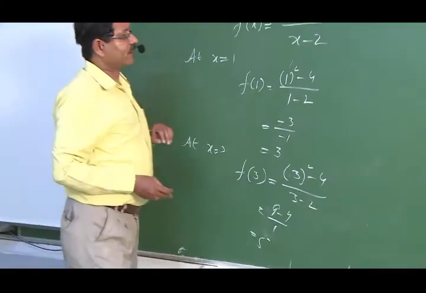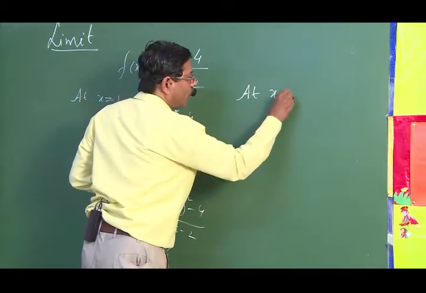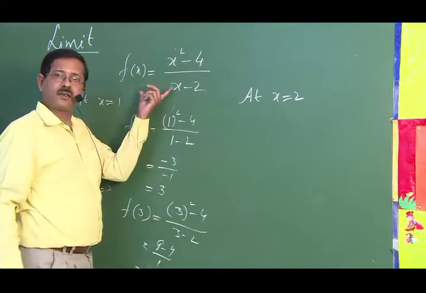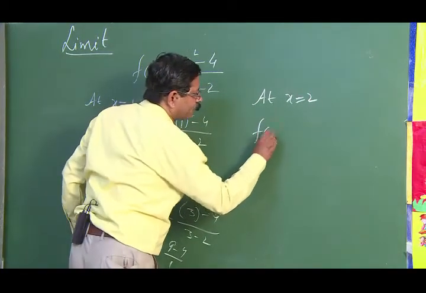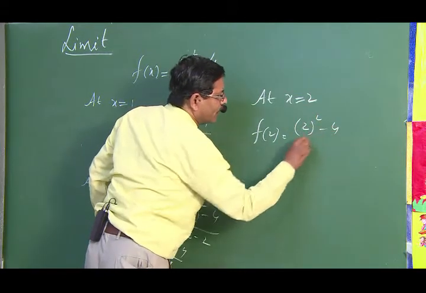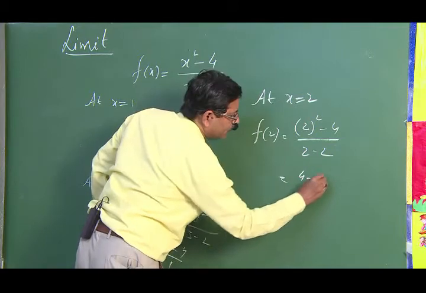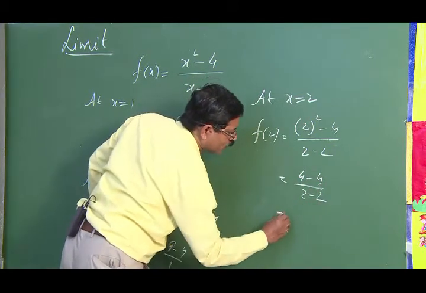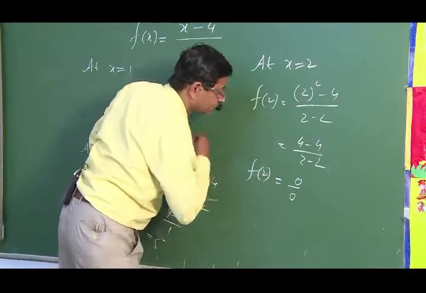Now take another point at x is equal to 2. What will happen with this function? At x is equal to 2, you will get f(2), which is (2 square minus 4) upon (2 minus 2), which is (4 minus 4) upon (2 minus 2). This is equal to 0 by 0.